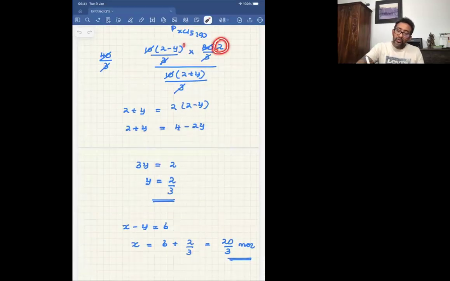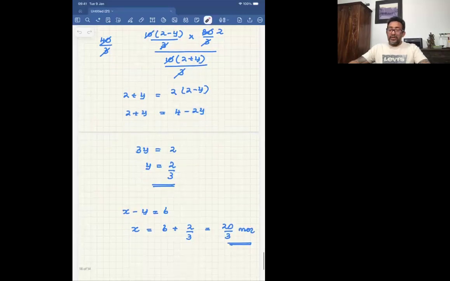There's 2 here, 2 minus y, and on this side you cross multiply. Is it clear? Everybody got it?